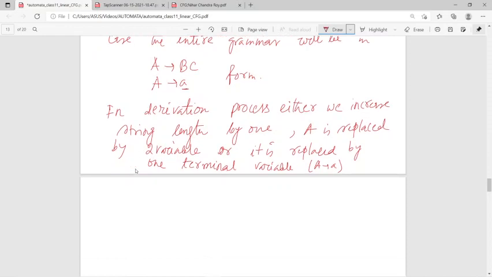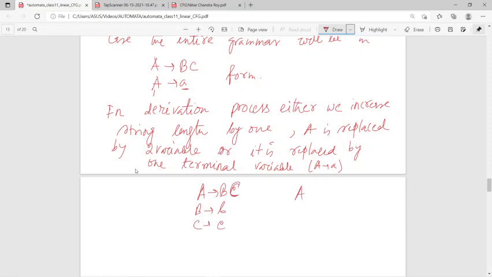what we can say, if we want to generate something, say A to a, it will be better if we write in the form, say a production A to BC, and from B to small b, and this is capital C, and from capital C to small c.